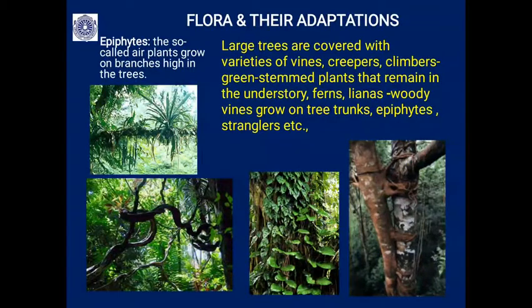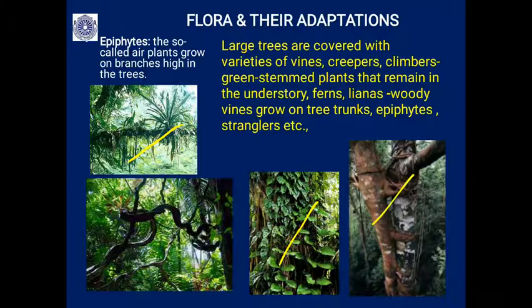So you will find in this canopy varieties of epiphytes. Epiphytes, you know, are plants that grow on the branches high in the trees. Then varieties of vines, you may see the creepers, climbers, all of these are green stemmed plants. They form in the understories, and they occupy the large trees of the canopy layer.